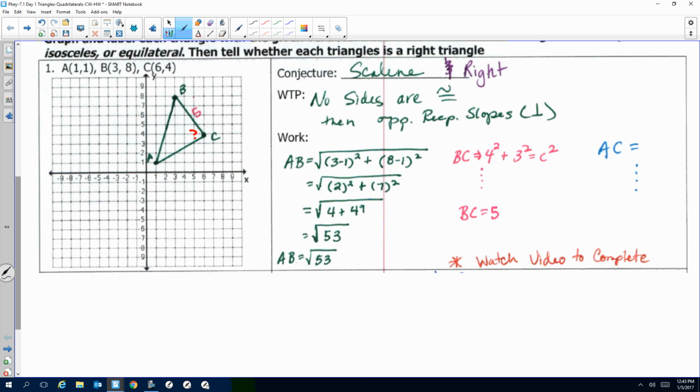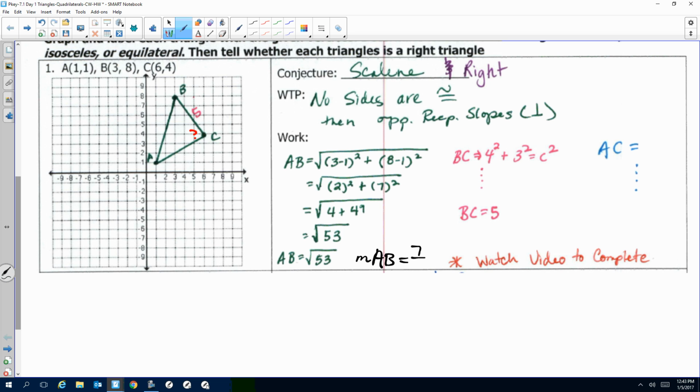So lengths, I could do distance formula. But if you just start with your slope, I'll show you some shortcuts real quick. So if you just look at lowercase m as your symbol for slope, the slope of AB, look at your change in y over x, your vertical change over horizontal, delta y over delta x, your slope, rise over run. What is the rise over run for slope for side AB? Count it.